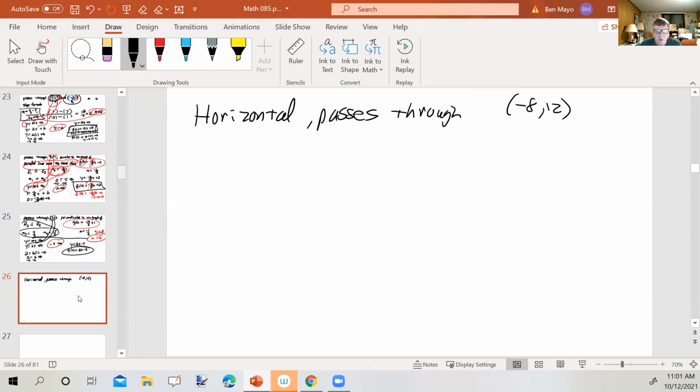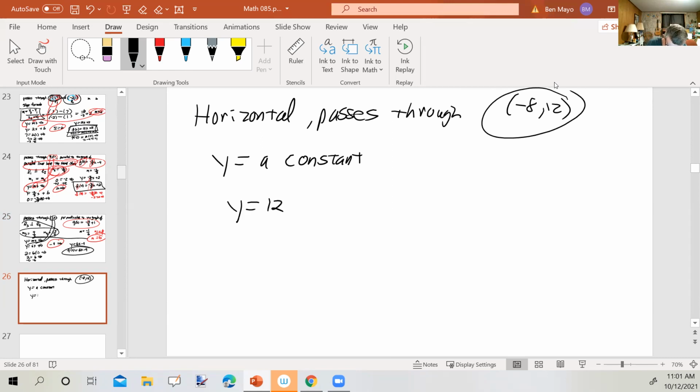All right, if it's a horizontal line, it's got to be in the form y equals a number or y equals a constant. But since it goes through the point (-8, 12), the y value has to be 12. So y equals 12 or f of x equals 12 would be the solution.